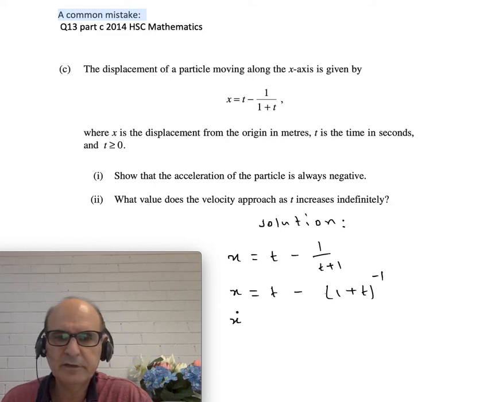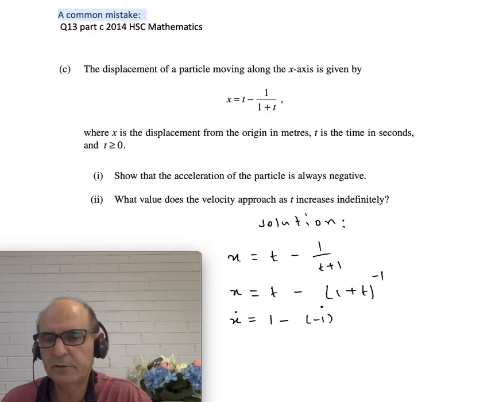Now I differentiate with respect to time, that will give me velocity. Derivative of t with respect to itself is 1, minus, this minus 1, the power will come here, becomes the coefficient, and you drop down the power by 1 in the bracket, and you times by the derivative of the expression inside the bracket, which in this case is going to be again 1.